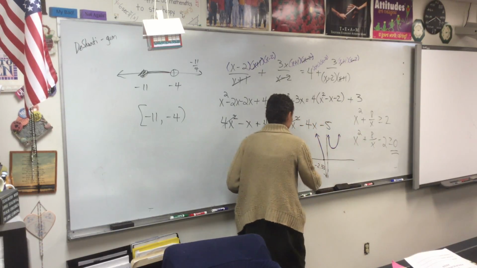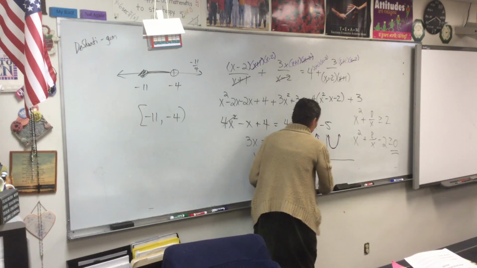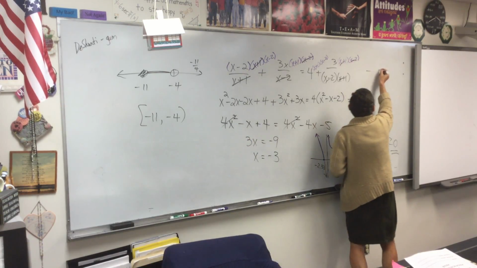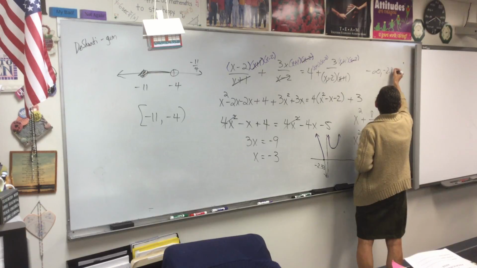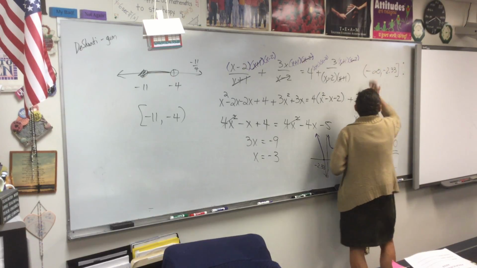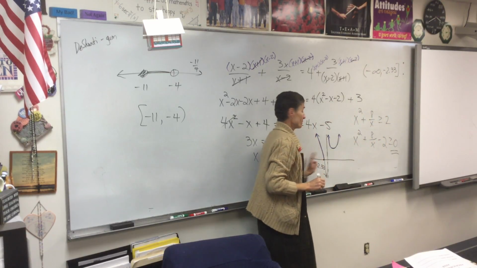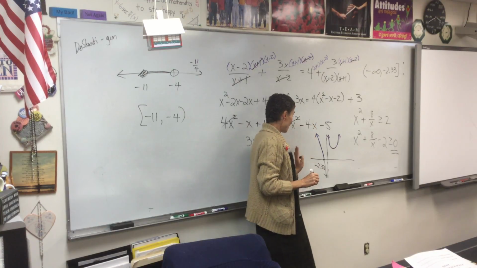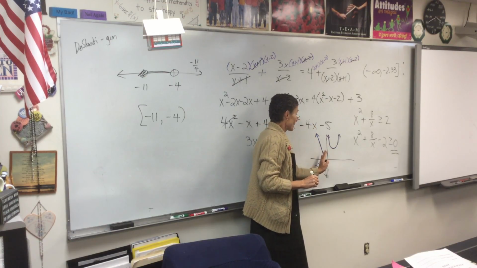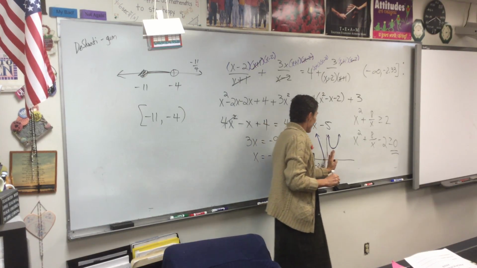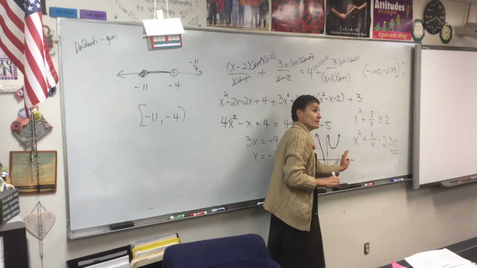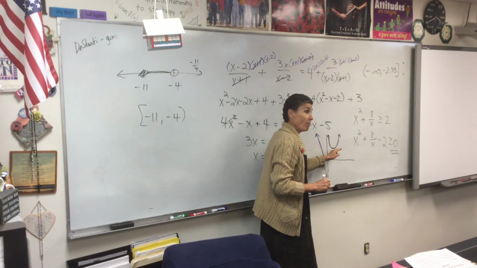So we're talking about all of the values from negative infinity to negative 2.33. So that's this part. Those are the positive parts. Everything from here to here. And then aren't we talking about everything bigger than 0? Aren't those all positive?